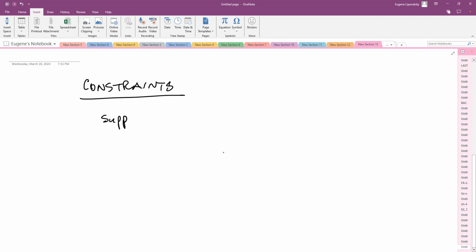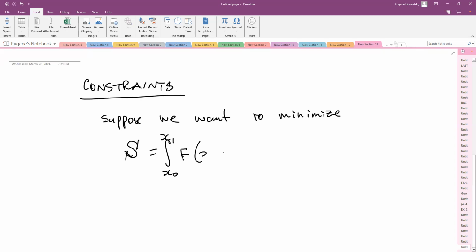Suppose, just a slight notation change, we want to minimize S, which is equal to the integral from x0 to x1 of f of x, y, y prime dx.